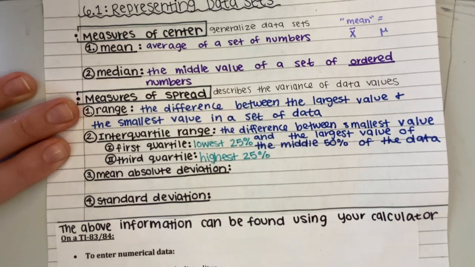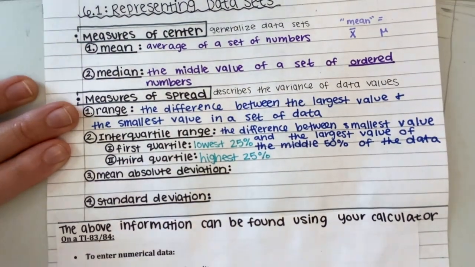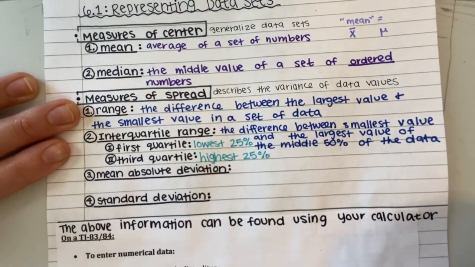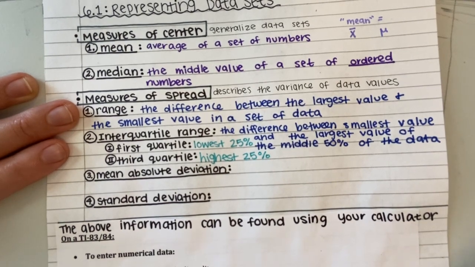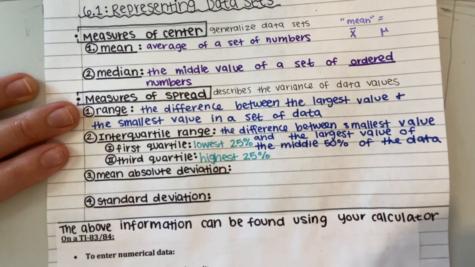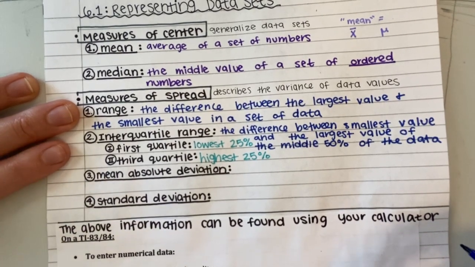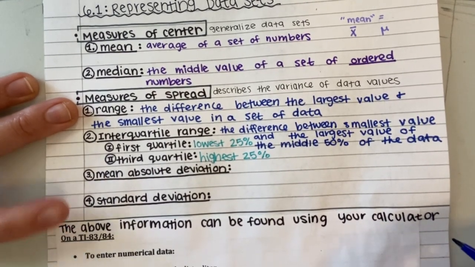We have another measure of spread that is called the mean absolute deviation. So this is more intimidating than it actually is, especially when I show you what the formula is. But before we write the formula, I will write the definition.